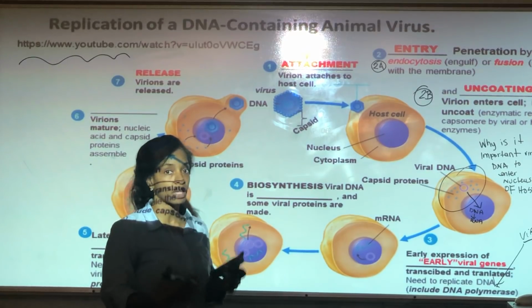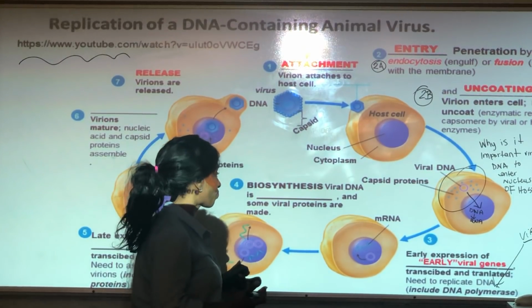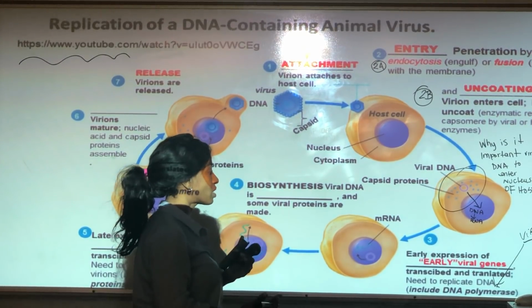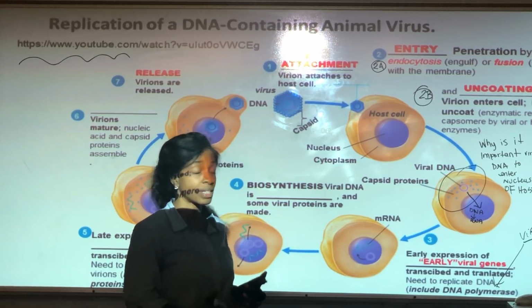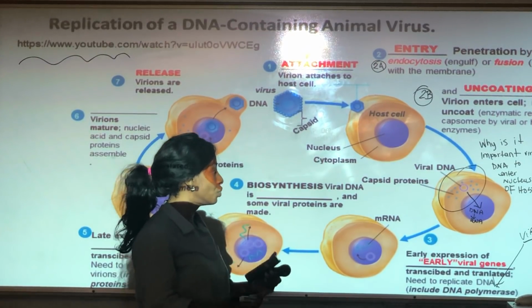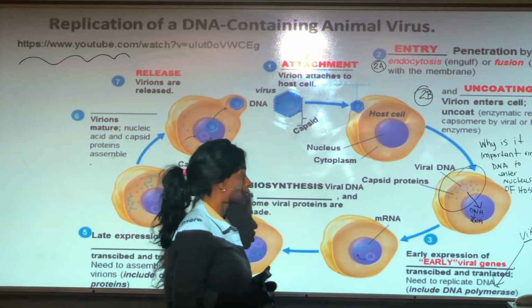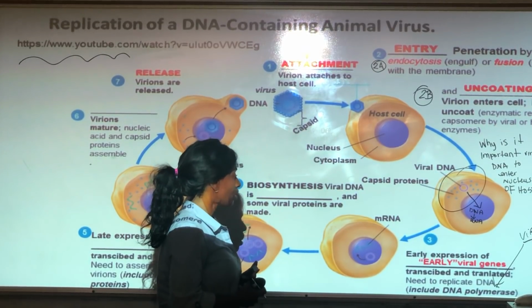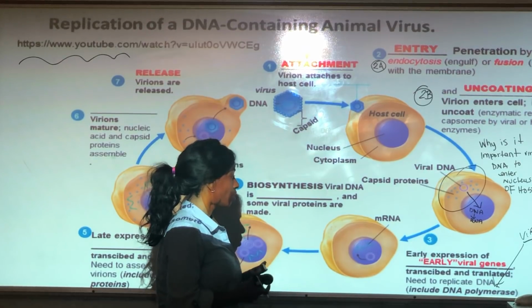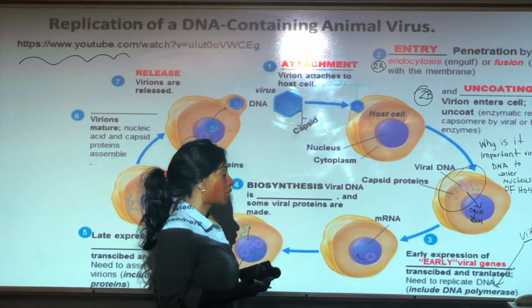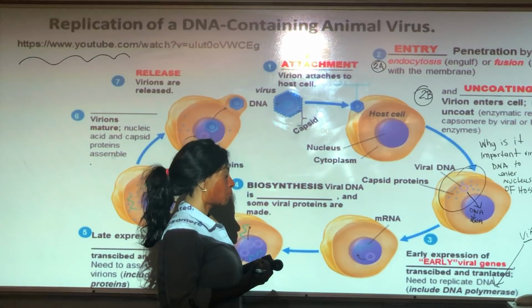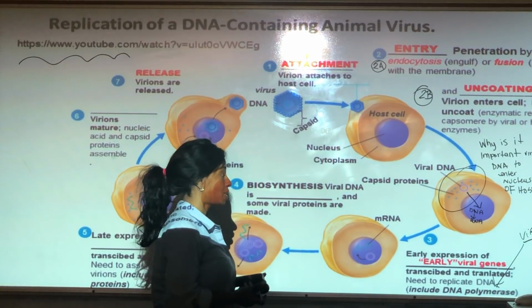It allows the replication of the DNA. So it has to express the DNA polymerase, and it does this by getting into the nucleus, expressing the DNA into RNA, and now it can start to express its viral genes and make the actual enzymes that it needs to copy its DNA.